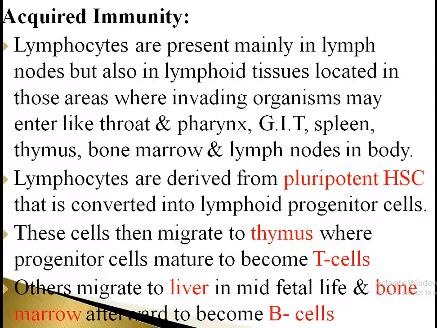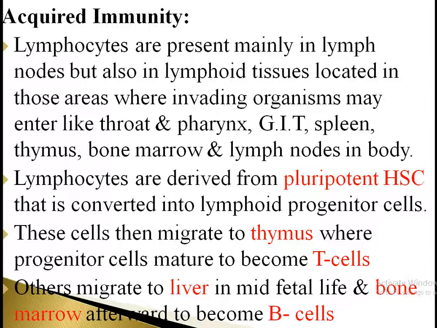As we all know that in our body, lymphocytes are present mainly in the lymph nodes and also some other lymphoid tissues located at throat, pharynx, GIT, spleen, thymus and other areas.